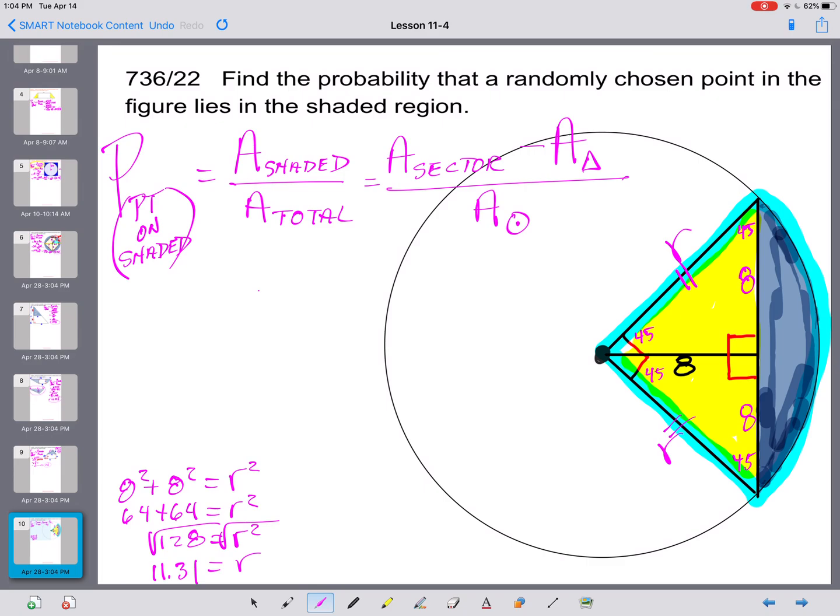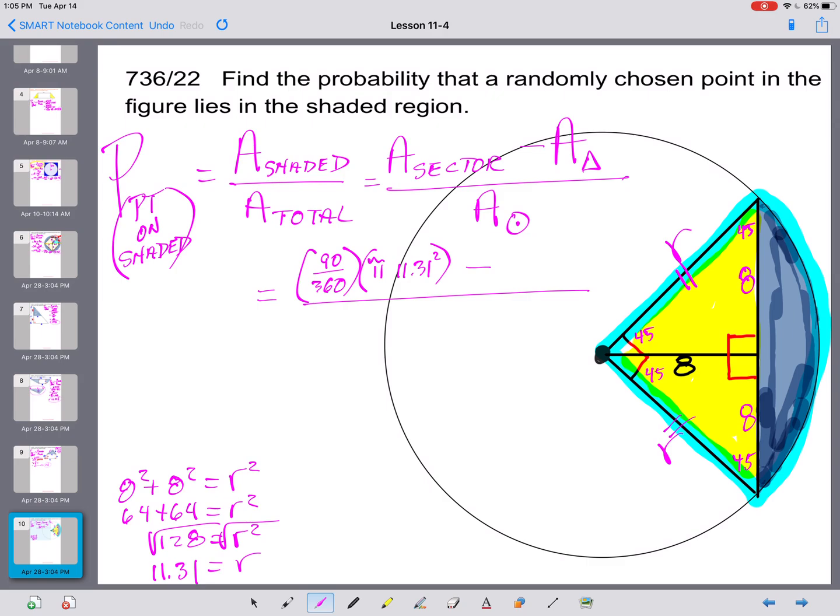Here we go. Area of a sector. What's the formula for area of a sector? Yeah, it's the central angle divided by 360. What's the central angle of our light blue sector? Yeah, it's 90 degrees. So 90 over 360 times the area of the circle, pi r squared, so pi times 11.31 squared.